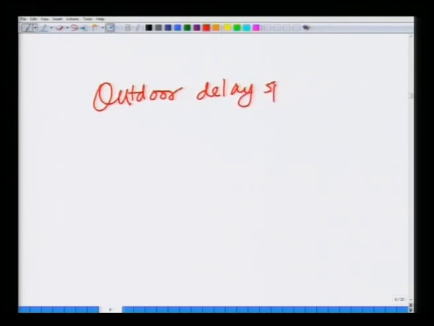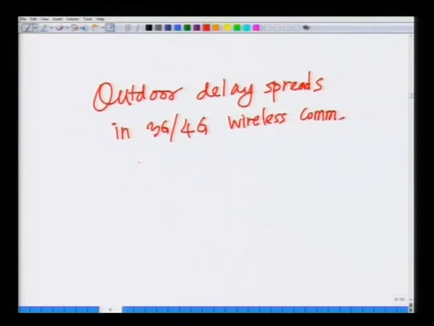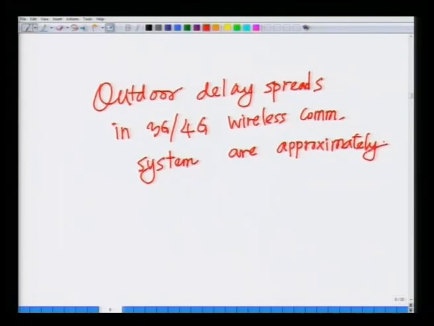So, now I can say the outdoor delay spreads in 3G/4G wireless communication networks, or wireless cellular networks, are approximately of the order of microsecond.